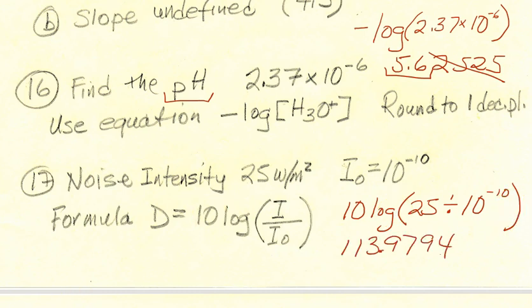And when I do it, I get 113.9794. They want you to round to 2 decimal places. So you go to the third, it's a 9, you're going to drop that, and then this becomes 113.98. You add 1 to the 7.